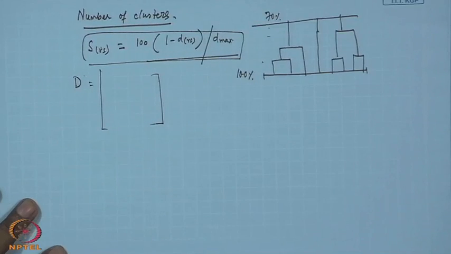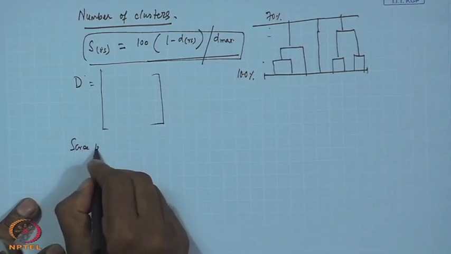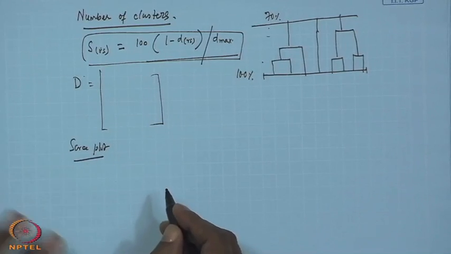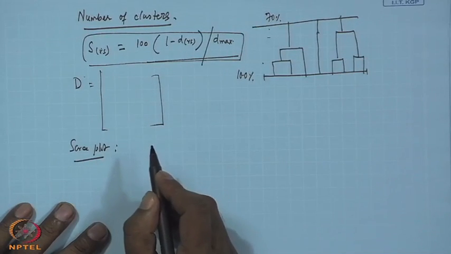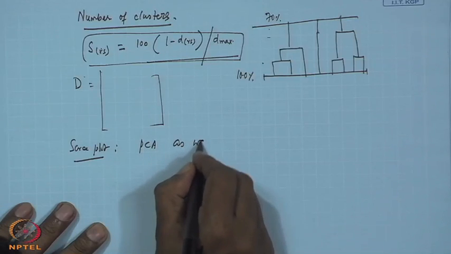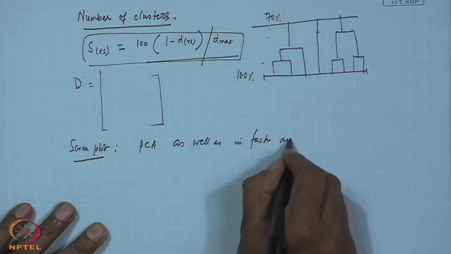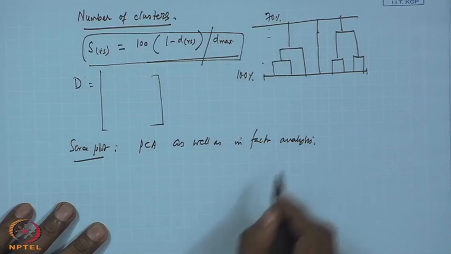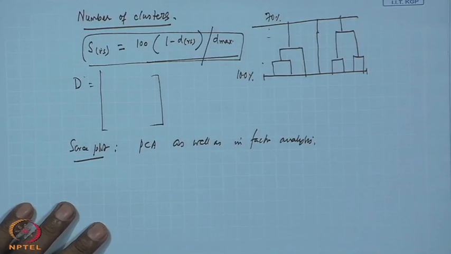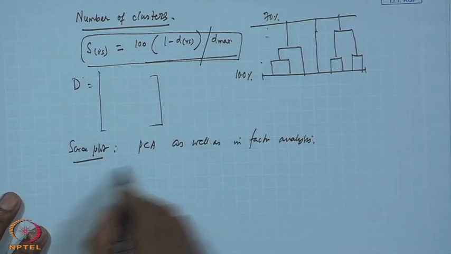Okay. So, the second one is your scree plot. Now, scree plot, I think you all understand at this point in time. The scree plot we have used in PCA as well as in factor analysis. So, the concept is almost the same.